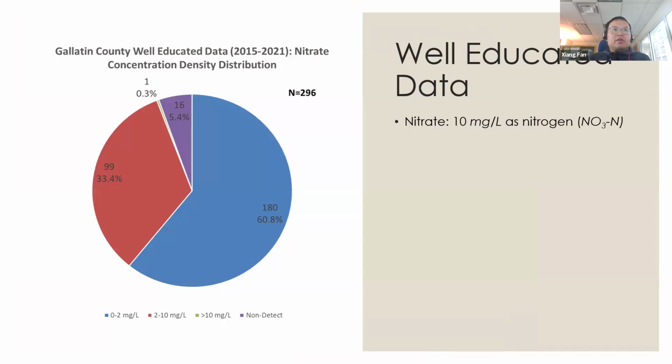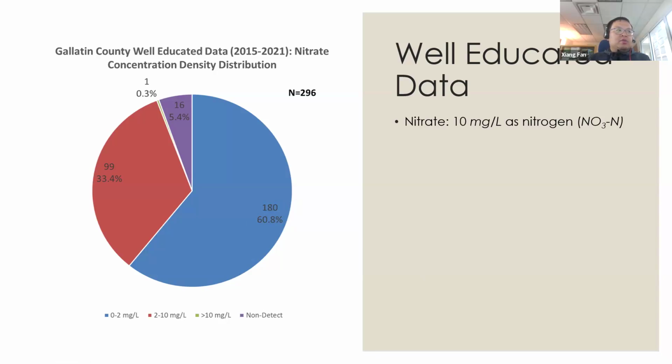And here is an application of our well-educated data. For the past 2 slides, we were looking at data coming from our monitoring wells. Those are the data from the domestic wells. We can see from the 296 wells, 180, or 60.8% of them, sit between 0 to 2 milligrams per liter.